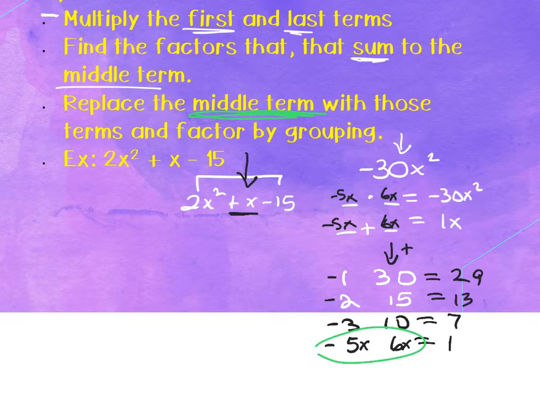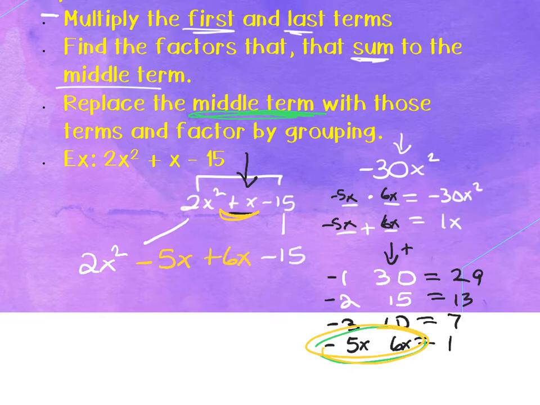So I'm taking the 2x squared, rewriting it. I'm now replacing this positive x with these two factors: minus 5x plus 6x, and then I just rewrite the minus 15. So all I've done is taken out the x and replaced it with the two factors I found.